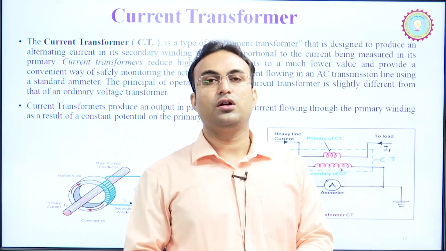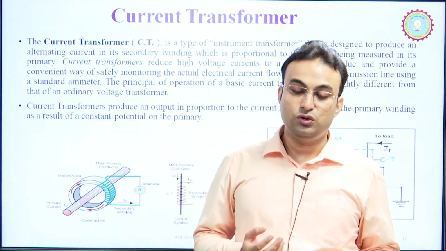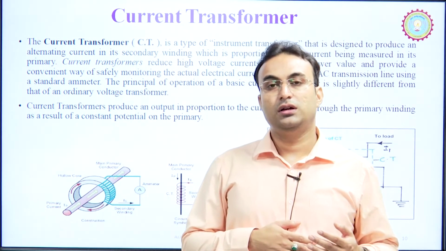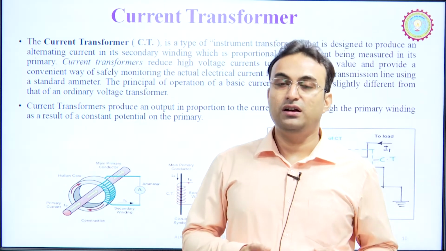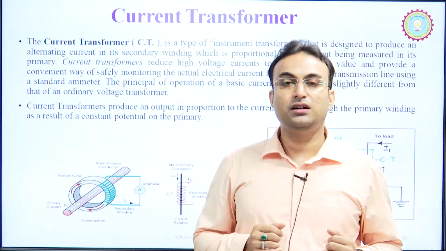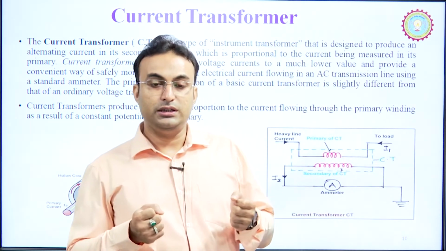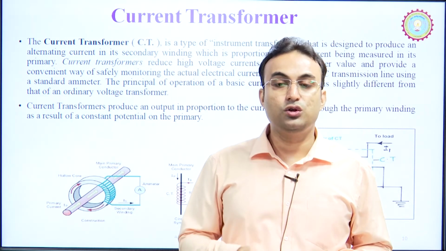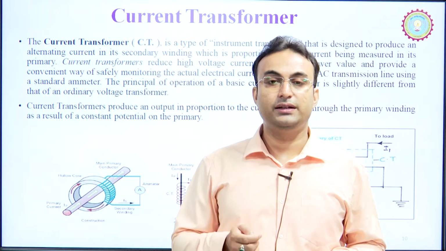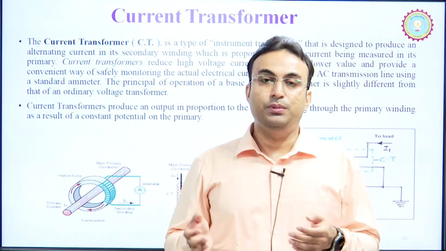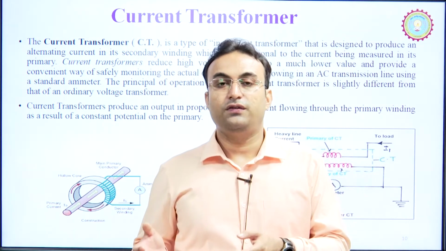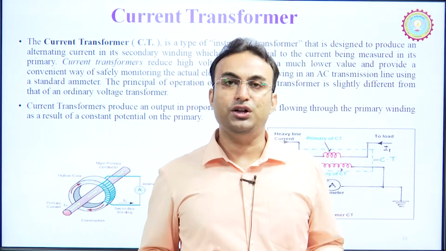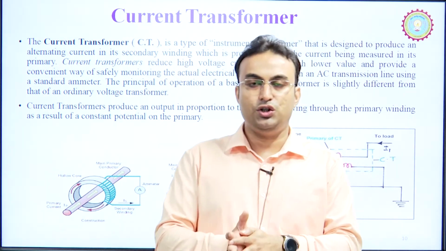This is the property of the current transformer, so that when a fault occurs, the value of the current will increase in the faulty section, and the secondary current of the current transformer will also increase. So, we can detect or calibrate the fault current in terms of the secondary current. We have some calibration, or transformation ratio.